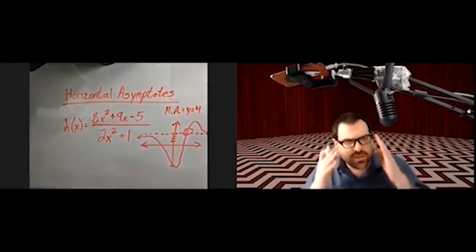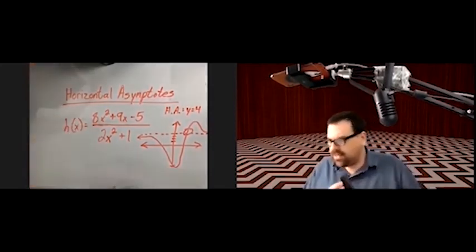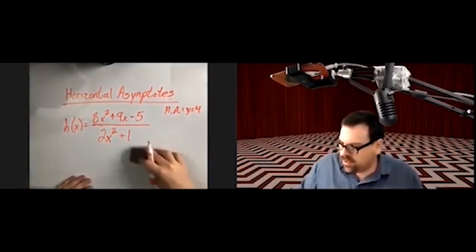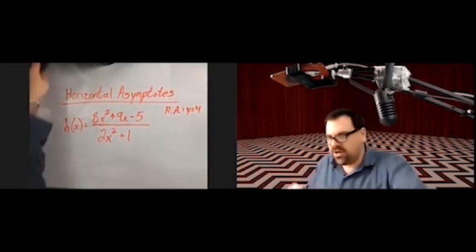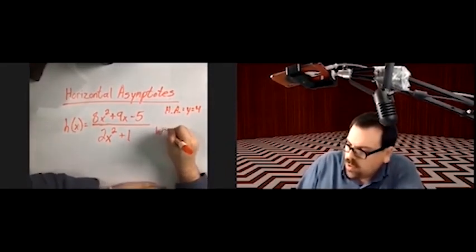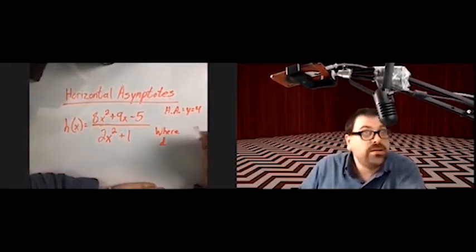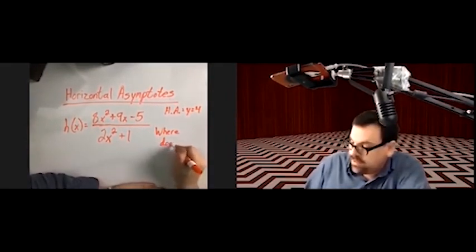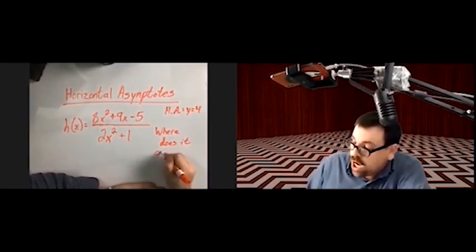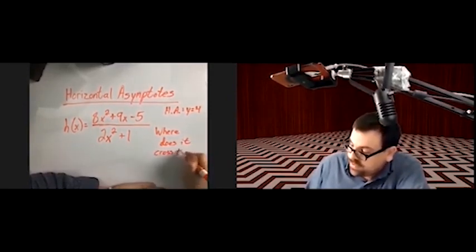So a follow-up question that you might be asked is, okay, you found the horizontal asymptote. Where, if anywhere, does it cross the horizontal asymptote?